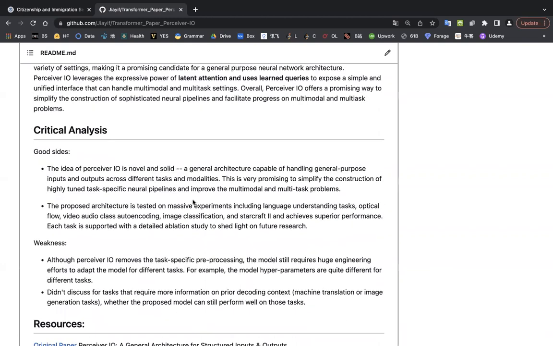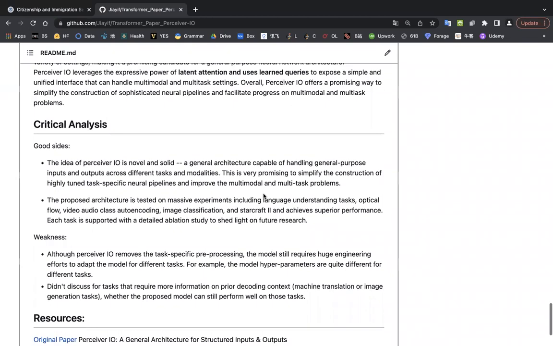A little bit of critical analysis here. I think the good side of the paper is that it is novel and solid, and it is tested with massive experiments, including language understanding tests and others. However, I do think there are some weaknesses.